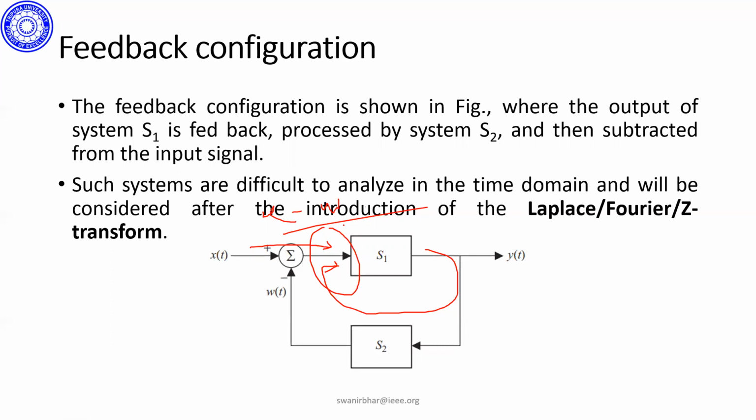Such systems are very difficult to analyze at present, but what we'll do is use Laplace, where we have X(s), or Fourier, where we have X(omega), or Z, where we have X(z).